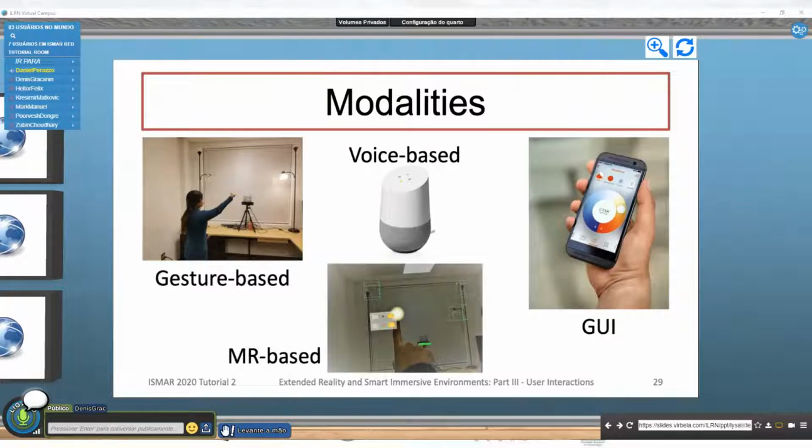Mixed reality based means that we are wearing a headset and we have information or visual overlay that tells us what can be controlled and how it can be controlled. And finally, we can use a graphical user interface that is part of the system provided by light manufacturers.